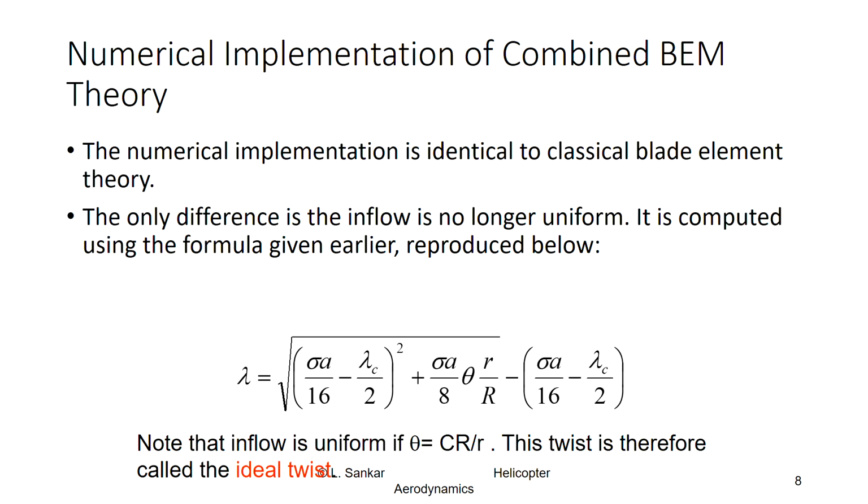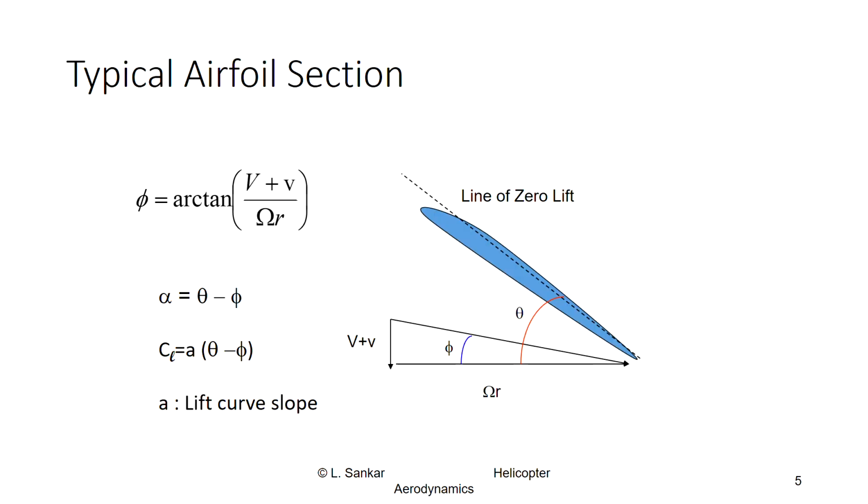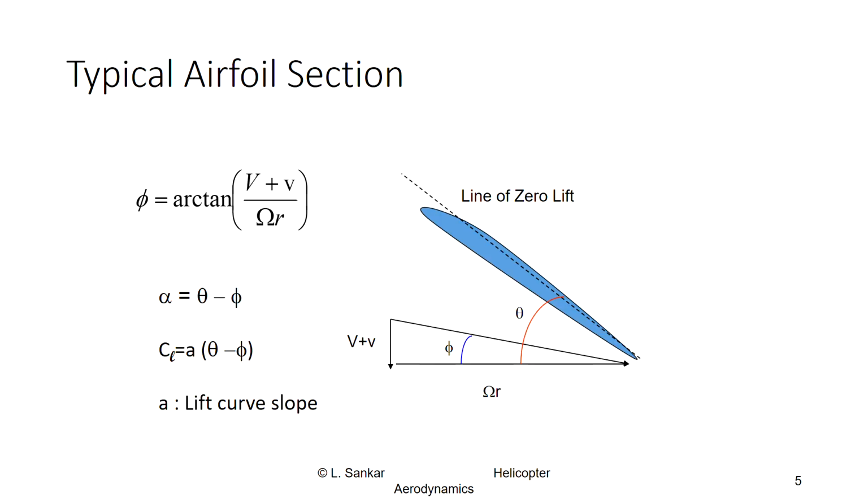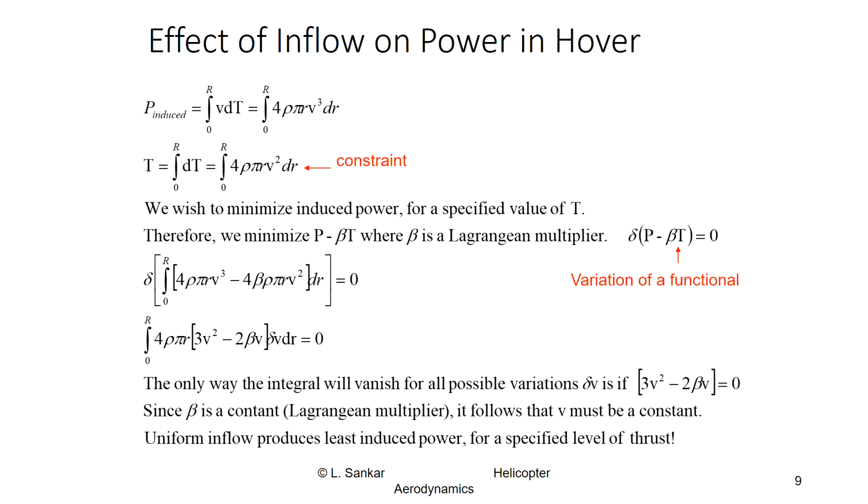We had an expression for dT up here. If capital V is 0 in hover, then dT is 4 pi rho r lowercase v squared dr. So when you multiply v times dT, you get 4 rho pi r v cubed dr. That's the induced power.